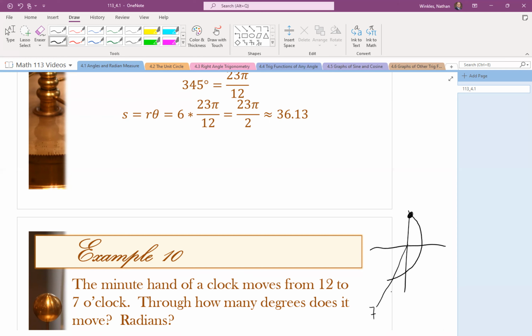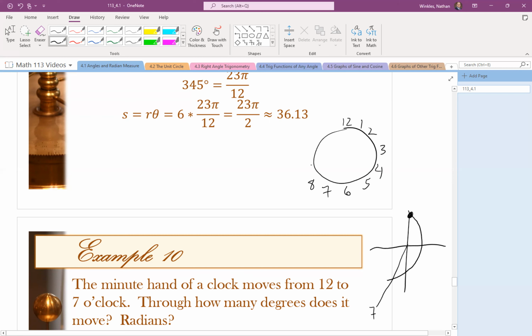Well, on a clock face here, if we were to draw everything out, it looks like this.